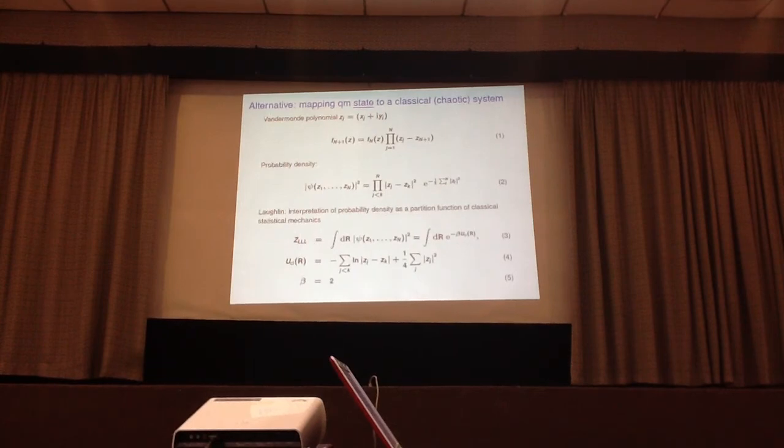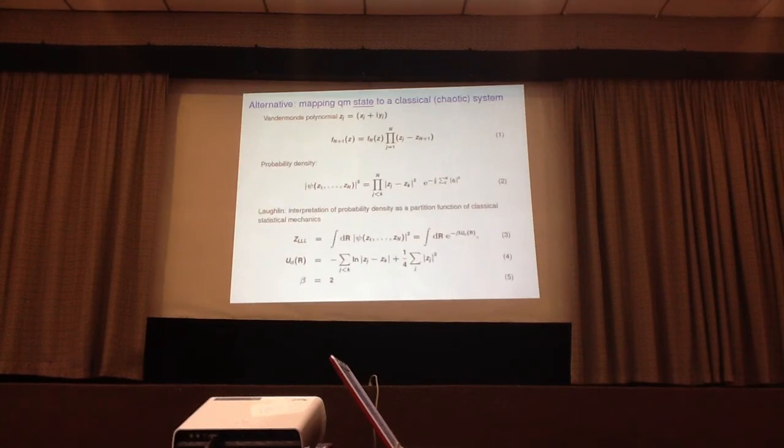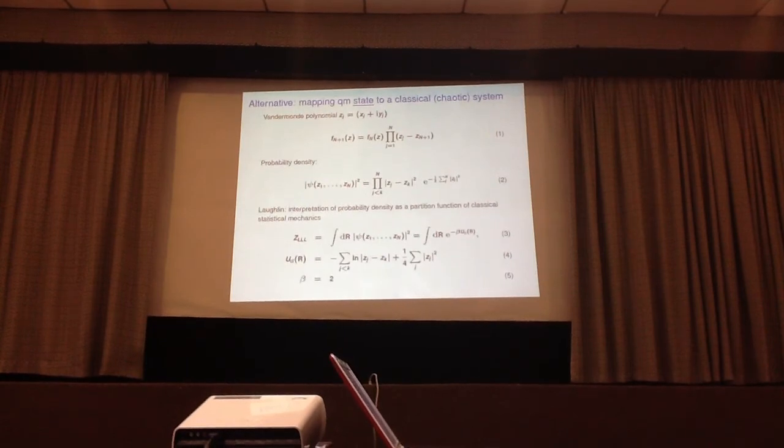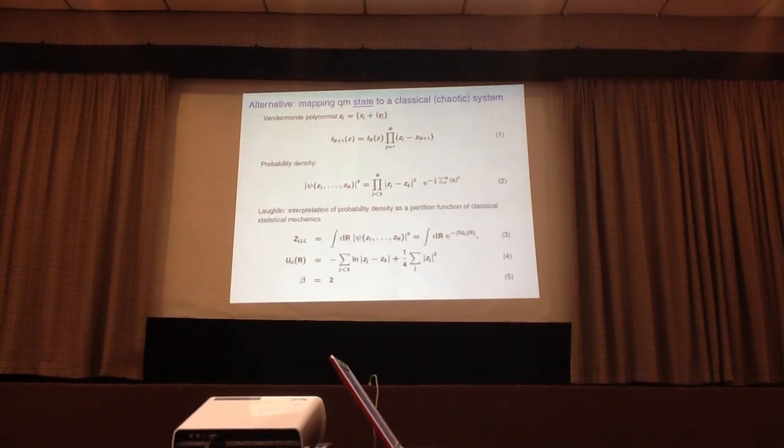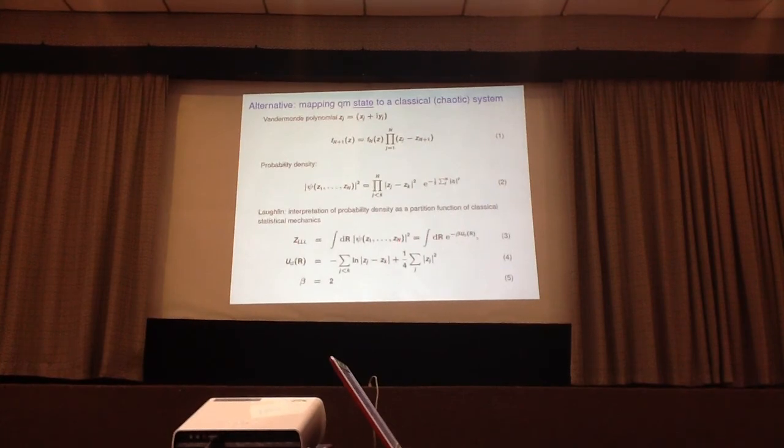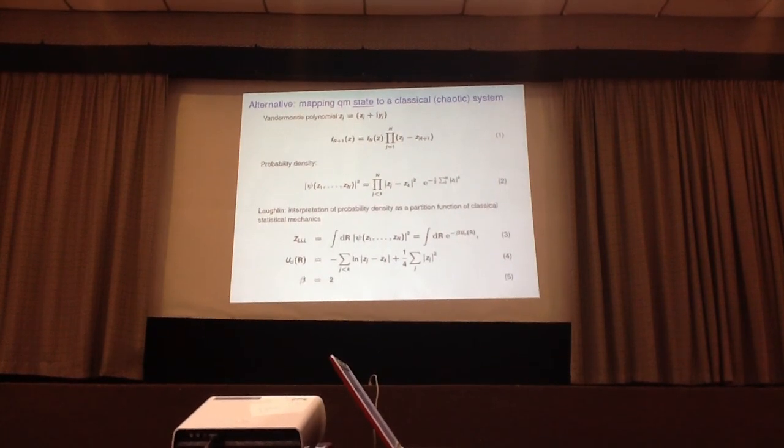So this is your one here, this is the left-hand side, this is the constant of this equation. But I can divide the right-hand side, I can leave this part here as an exponential of the inverse temperature times the classical potential. And the classical potential, when you want to reproduce this term, is in terms of logarithmic interaction between the electrons and a positive interaction, so harmonic interaction with the background.